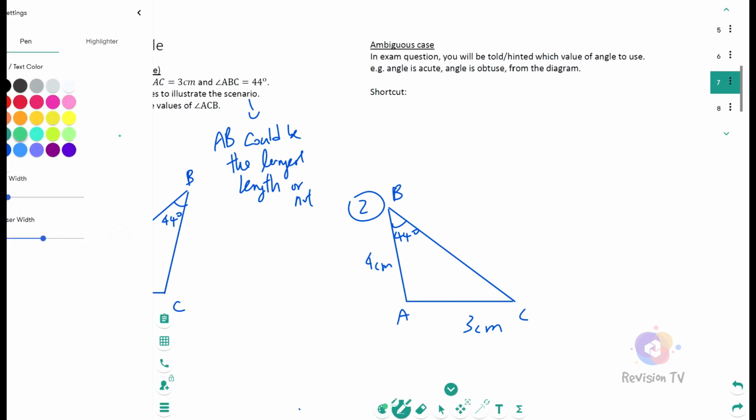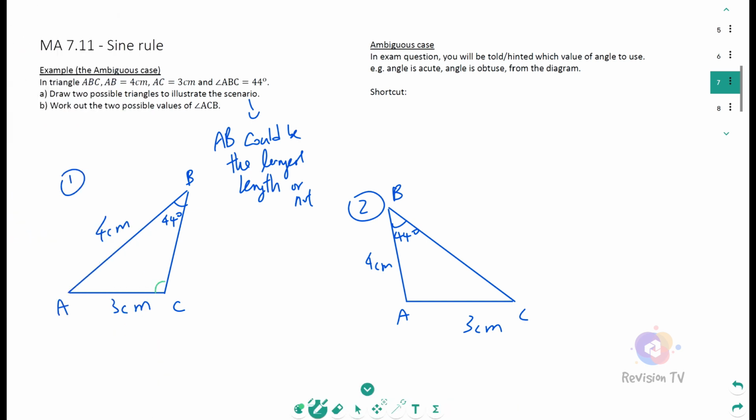So angle ACB is here. What is the problem in here? You can see if AB is the longest length, x is an obtuse angle. But if AB is not the longest, x is an acute angle.